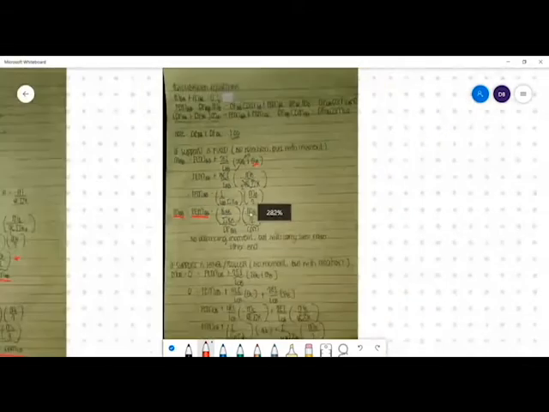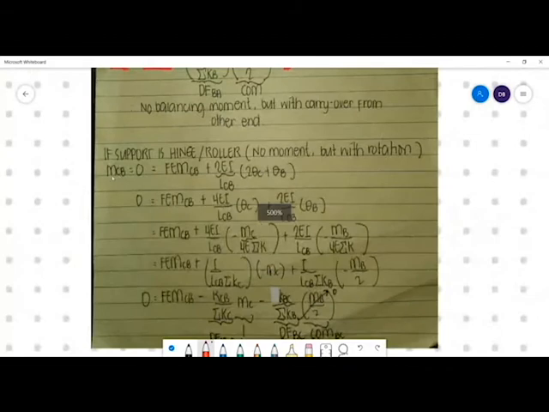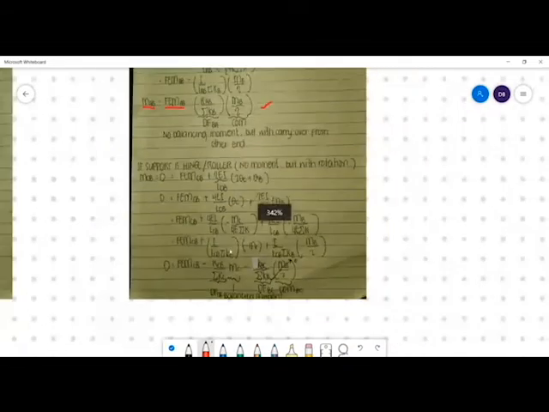If support is hinge, no moment pero merong rotation. So M sub CB is equal to 0 is equal to FEMCB plus 2EI over LCB times 2 theta C plus theta B. Substitute them all, and then we'll arrive here. So FEMCB minus KCB over summation of KC times M sub C minus KBC over summation of KB times MB over 2.